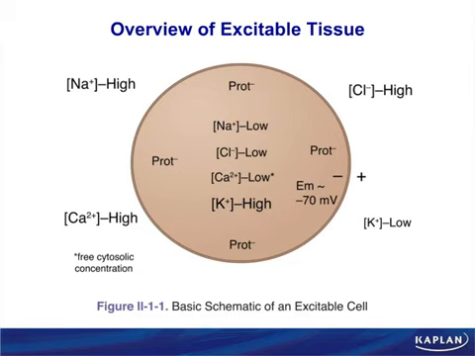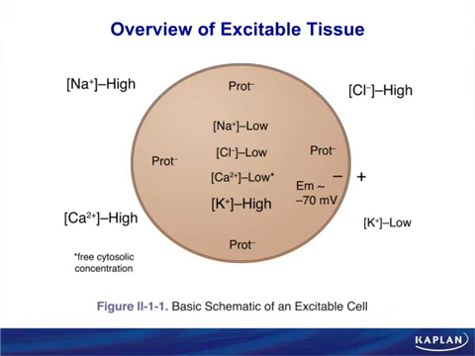Now, potassium is the outlier. Notice that the concentration of potassium is much higher inside the cell than it is outside. Again, potassium is on our BMP, so we do know the extracellular concentration, but we don't care what the exact intracellular concentration is for potassium. In fact, determining the intracellular concentrations is dubious at best.